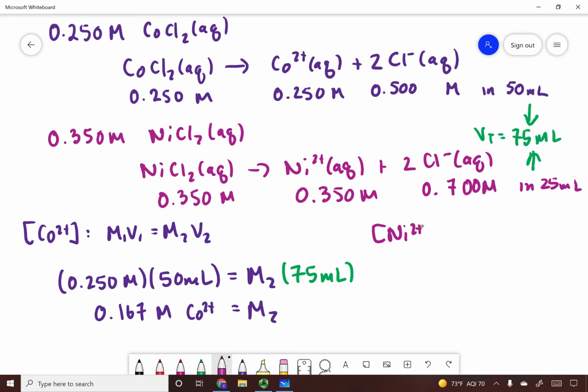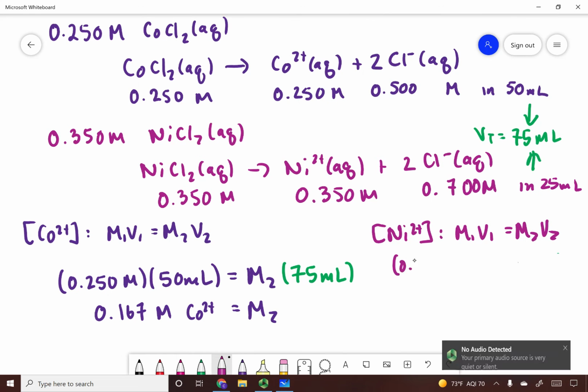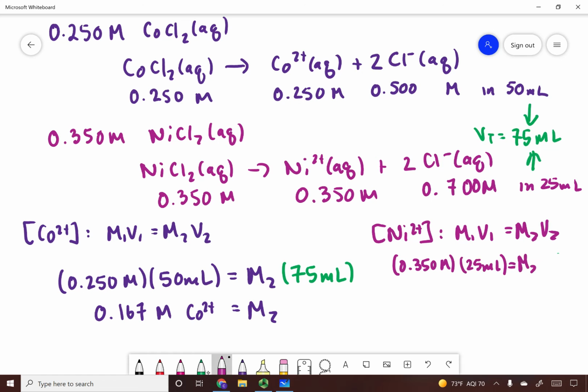So I have my nickel 2 ions, and I'm going to use M1V1 equals M2V2. I'm going to place all my concentrations in. So 0.350 molar in 25 mL equals M2, and the total volume of solution, 75 mL. I solve for M2, and I get 0.117 molar of my nickel 2 ion.